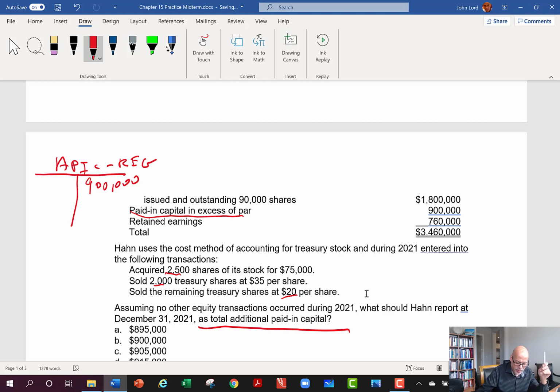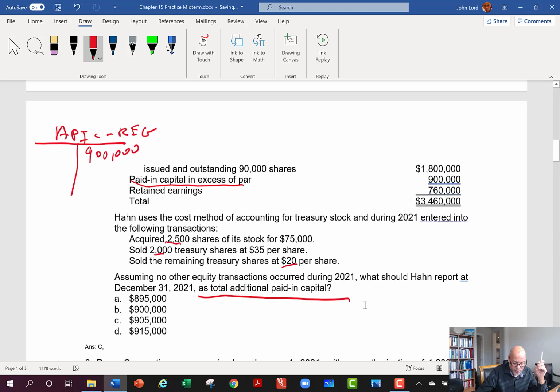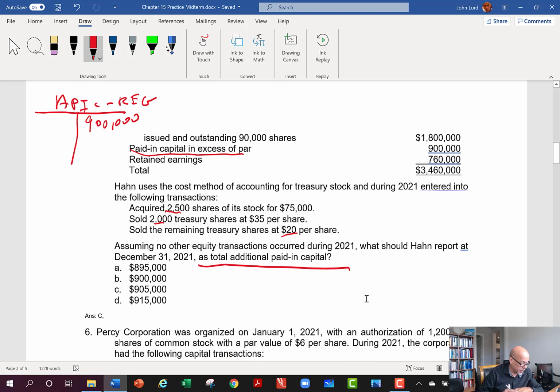Because I could give you an answer that is just considering the APIC for the treasury stock, and then it wanted all the APIC, which would include regular APIC as well, okay?